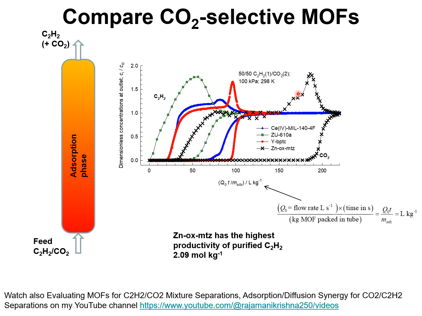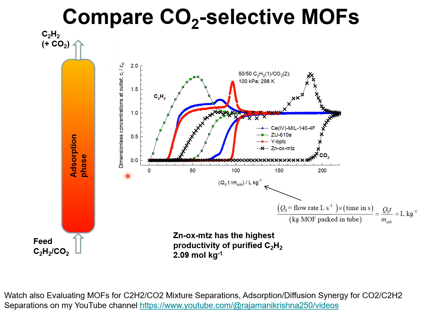The crosses represent the experimental data for Zn-ox-mtz that is described in the JACS paper that is available online since a day or so.